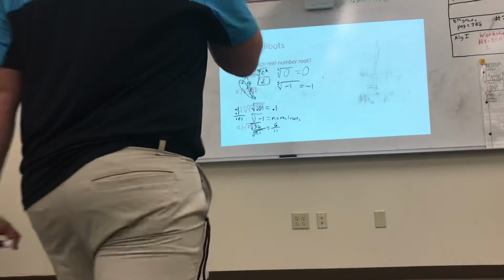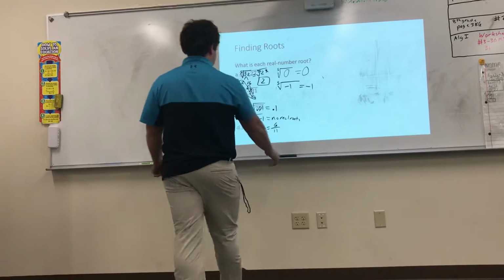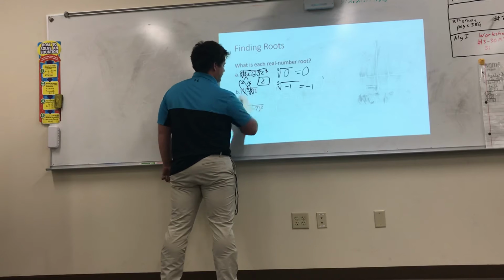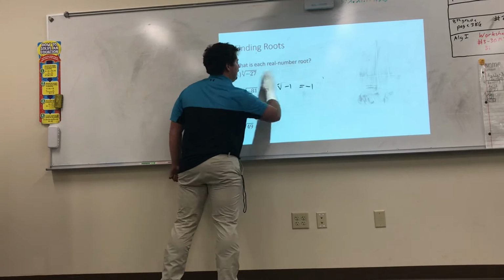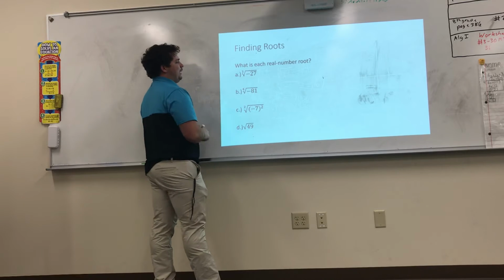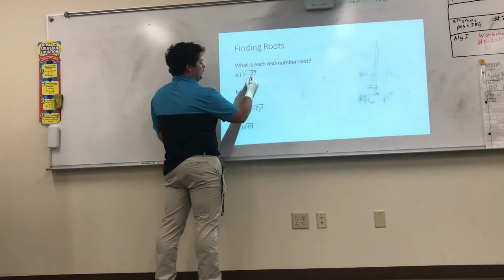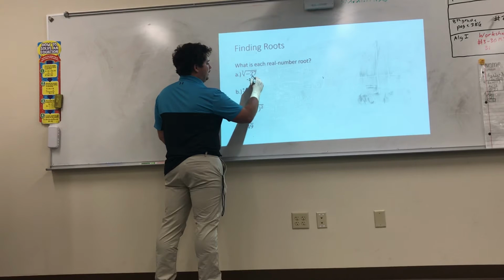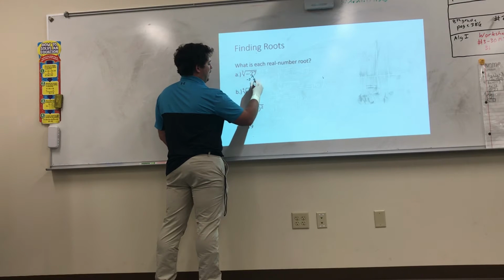Alright, once again, finding the roots. First thing I need to do when I look at A is, can I do that? Well, this is an odd, this is negative, yes, that does work. We have to figure out what works out of here, so we could have -3 and 9, which would also be -3 and -3.